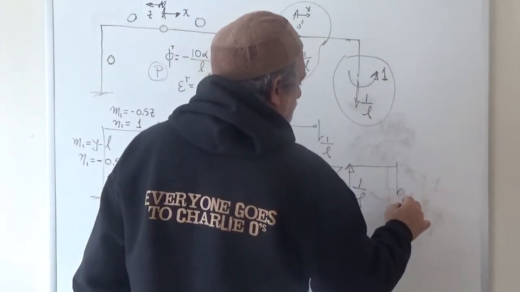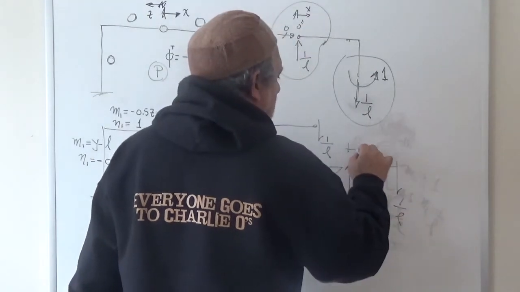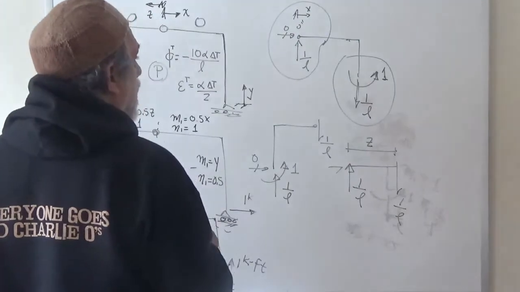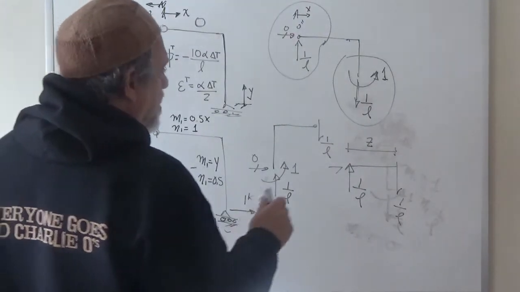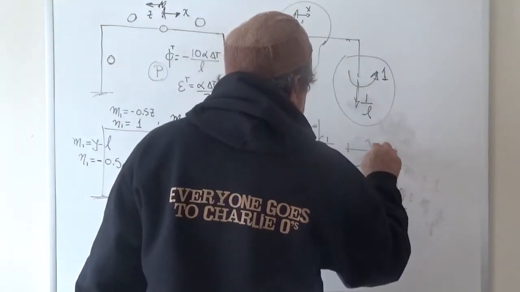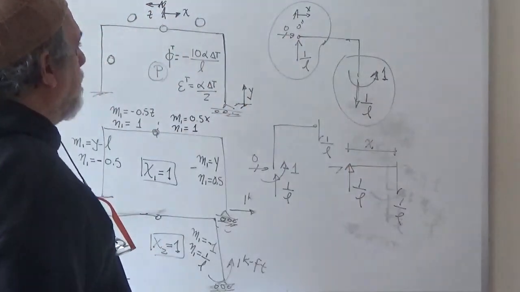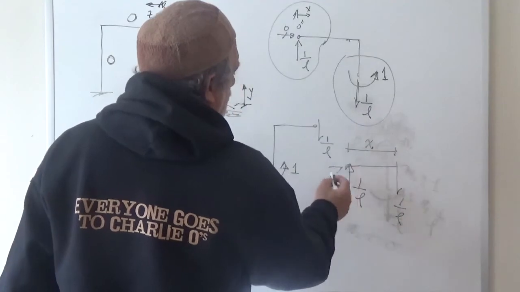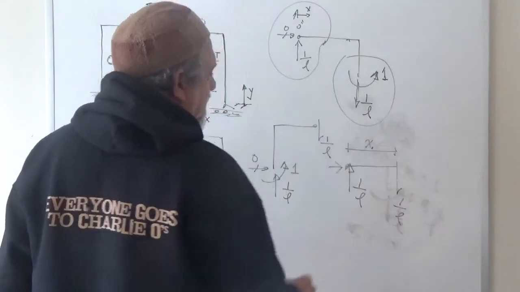Therefore, there is 1 over L going like that. This distance from here to here is x because I'm starting at the hinge. This is the hinge. So this is my 1 over L and 0, my distance x.